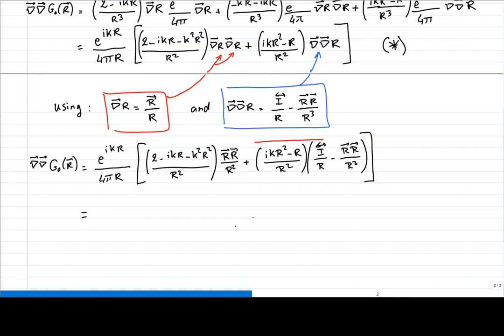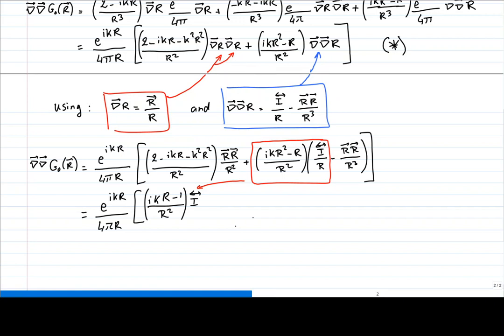So we have this term, which is a function of the unit tensor I. We just rewrite this term as is, pretty much ik r, and we simplify by r on the numerator and denominator, and then we have over r squared, and then the unit tensor. So that's the first term that we have here.